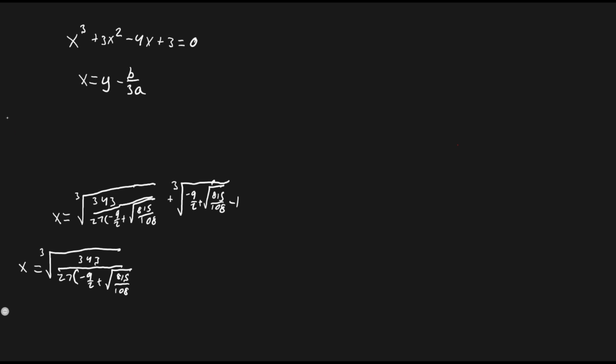And then we're going to write the roots of unity as blue, times negative 1 plus i root 3 over 2, plus the cube root of negative 9 over 2 plus the square root of 815 divided by 108. And then again, the root of unity, negative 1 minus i root 3.